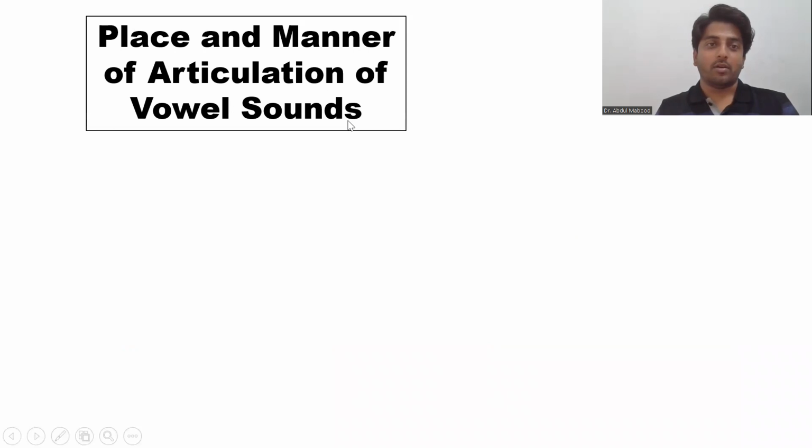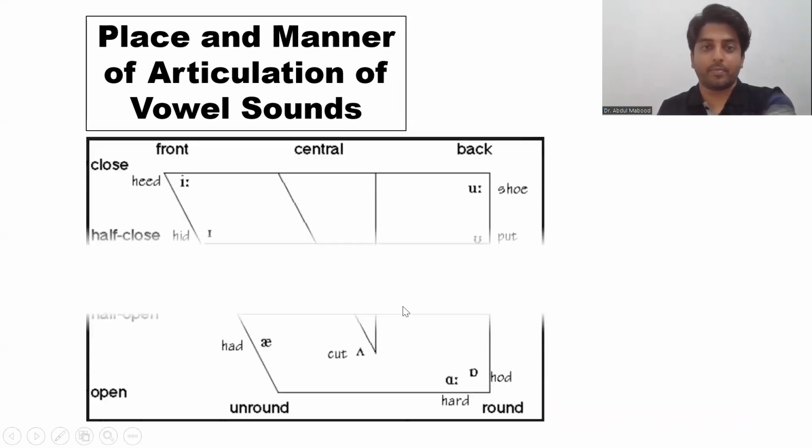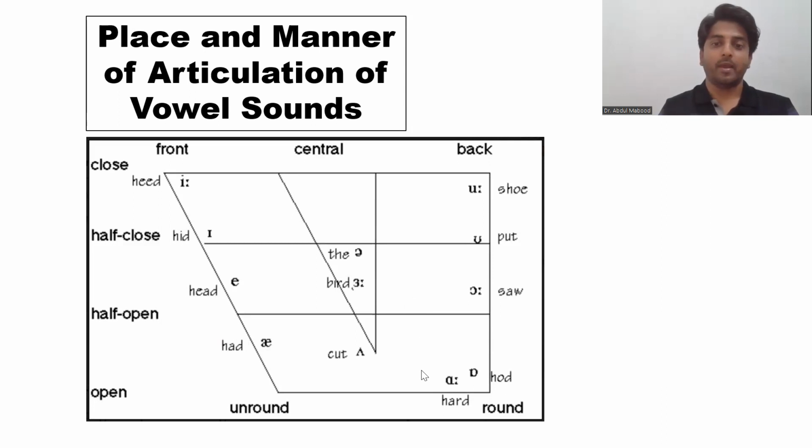Place and manner of articulation of vowel sounds. Now it is very helpful for those people who have no clue which sound comes from where. Okay. Now imagine this is the rough shape of our mouth.